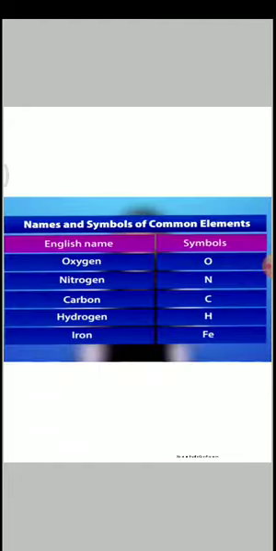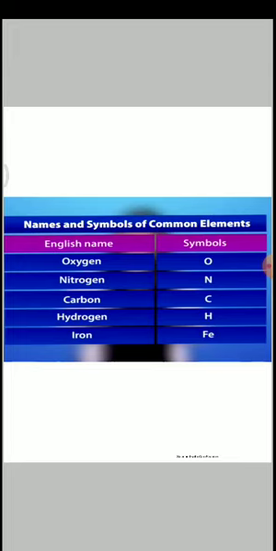Here are names and symbols of some common elements. You can see oxygen, nitrogen, carbon, hydrogen, iron. Their symbols are O, N, C, H, Fe respectively. So what is the definition of symbol?